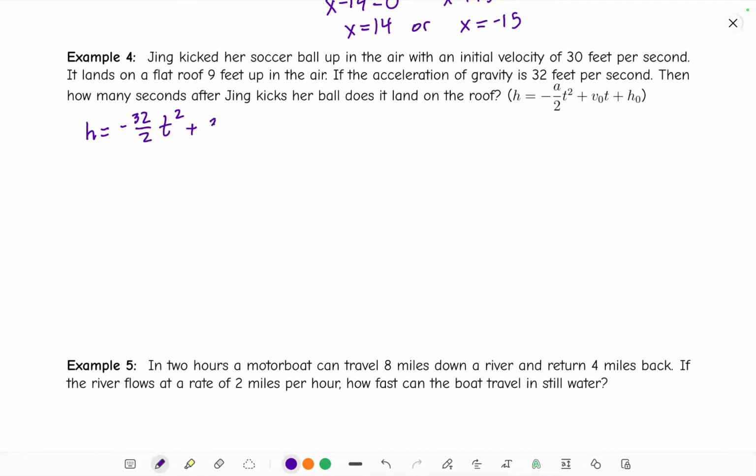The initial velocity was 30 feet per second. And don't make the mistake: the initial height wasn't 9 feet. That's where it ends. The initial height, since she's kicking it from the ground, is 0. So if we simplify that fraction, we get negative 16t squared plus 30t.